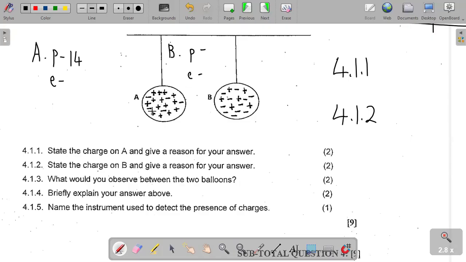So there are 5 negative charges. There are more protons than electrons, so A is positive. The charge on A is positive.